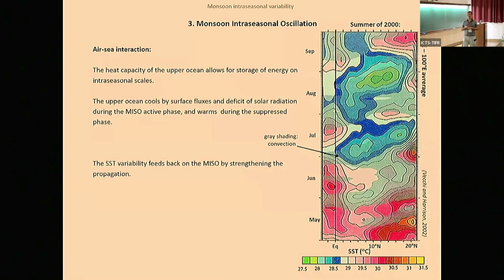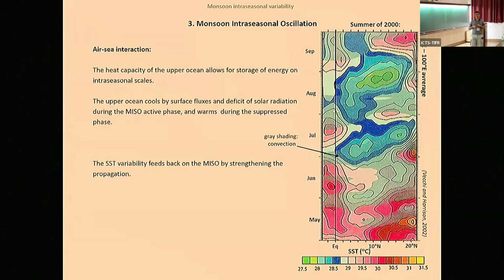It tends to help in global circulation models. It tends to help the simulation of intraseasonal oscillations in general when oceans and atmosphere are coupled. Now, this is because the heat capacity of the oceanic mixed layer is perfect to store energy at the intraseasonal scale or around the intraseasonal scale.